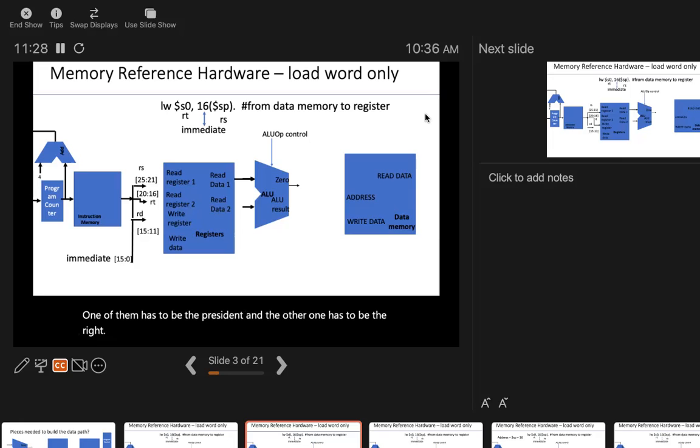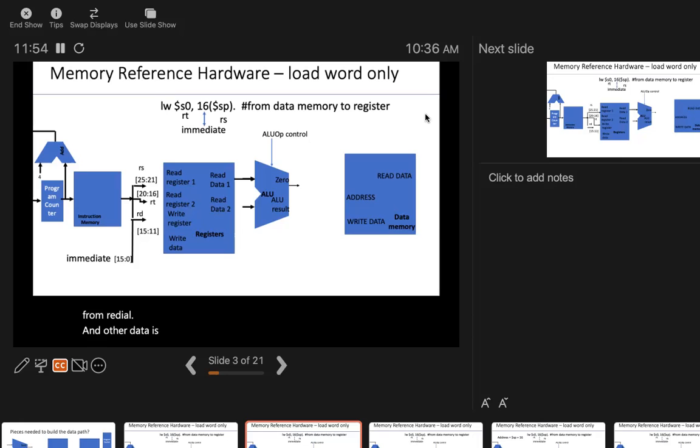Now, where would you feed the RS register so that read data one comes out as the RS value? Not just yet. First we need to basically read the value, right? ALU has two inputs. You see one input is coming from read data, and the other is still undecided.